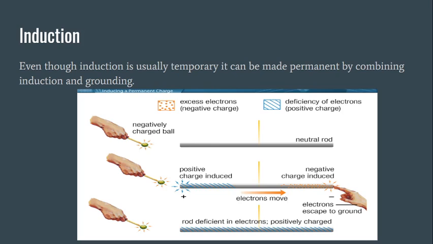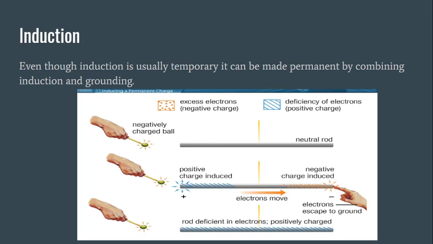This is what you would have to do to permanently charge an object. So you have the charged ball once again, and we have the neutral rod. You start the induction, and then you have somebody else put their finger on the end of the rod that's being charged. That, in a sense, will actually ground it.